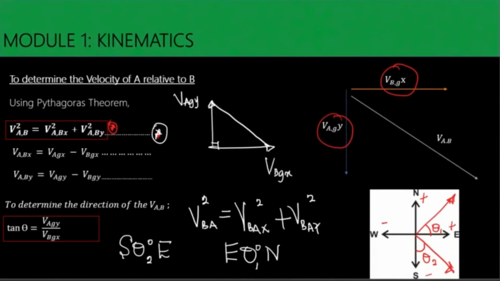Now let's move on. So if you are being asked to determine the relative velocity and the direction, I've shown you the formula to use, whether it is A relative to B or B relative to A. Of course, it's not parallel. And then they will ask you to determine the direction as well. So I've shown you the formula to use to determine the relative velocity and how to determine the direction and how to write it out.